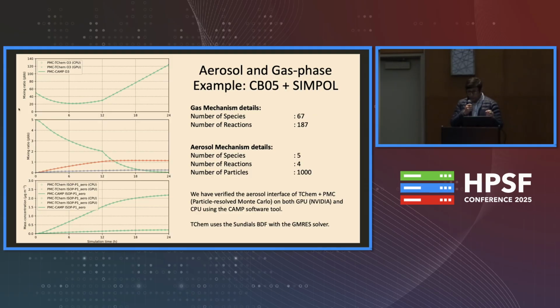And then we compare with another code, making sure that we are not making mistakes. For this particular example, we are using the Sundials BDF solver with a sparse solver, a GMRES solver.